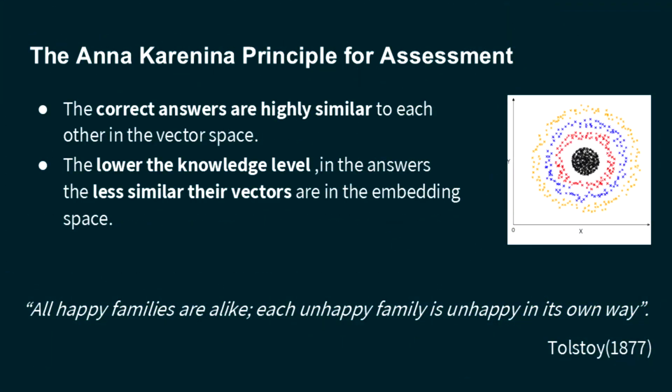If you look at the illustration on the side, this is not real data, just demonstrating intuitively the results. The vectors of the correct answers are the black circle at the center, clustered together in a ball-like shape, where the partially correct towards the incorrect answers drift further and further away as the correctness decreases, or the knowledge level decreases.